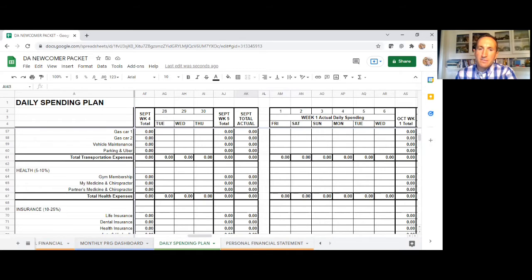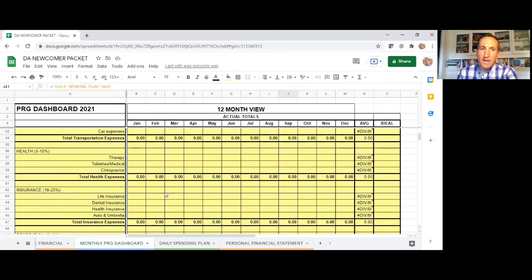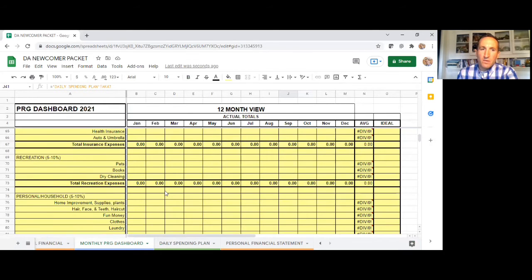Let's go back here. And I've provided these categories as a tool to help you, or at least spark memories, so that you can come up with whatever categories are best for you.